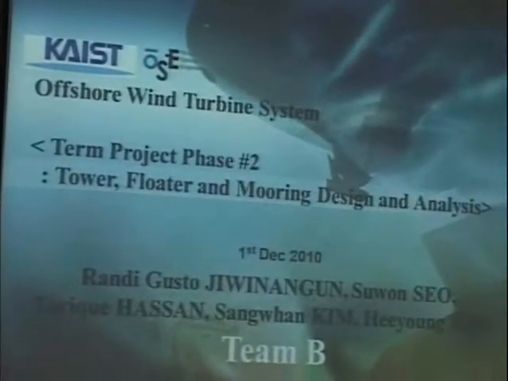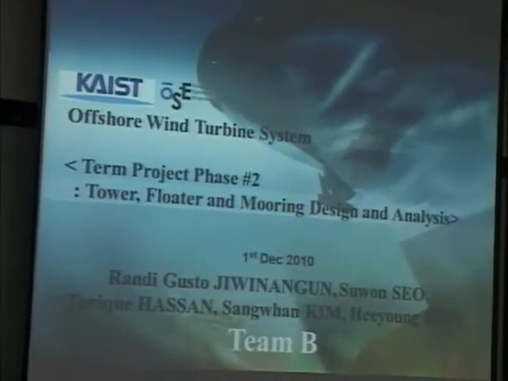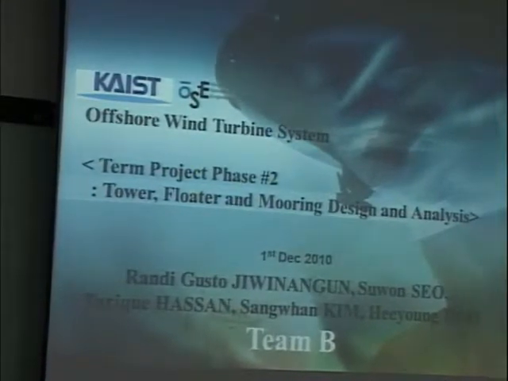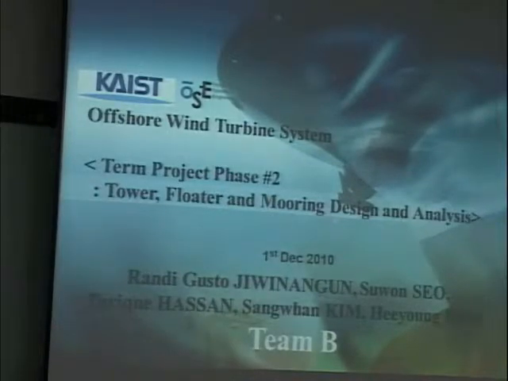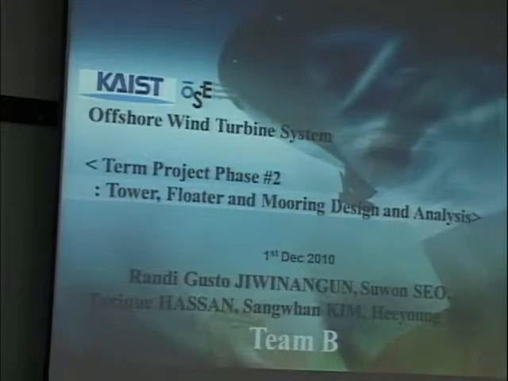And I have a presentation about the progress status of team number B for the intermediate design review. Our objective is power, rotor, and mooring design and analysis. And my team consists of 5 members.